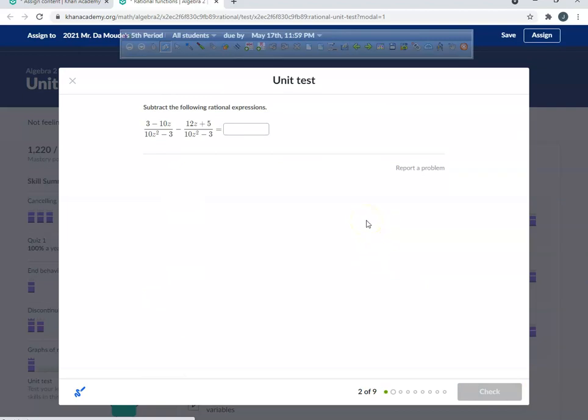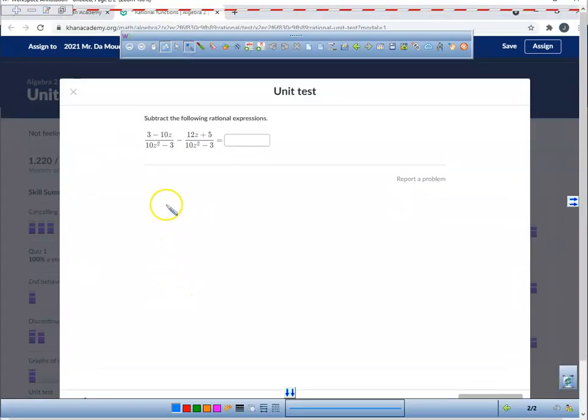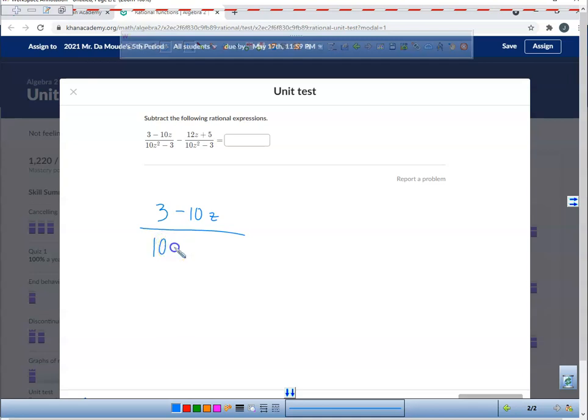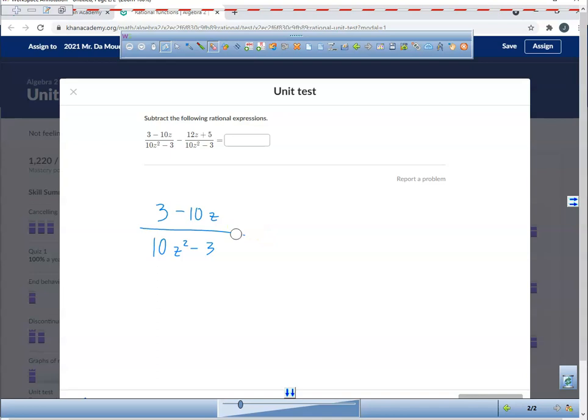All right. Next problem. I'm going to write it a little bit bigger so you guys can see. Here we go. 3 minus 10z, whoa, that's supposed to be a z. There we go. Over 10z squared minus 3.